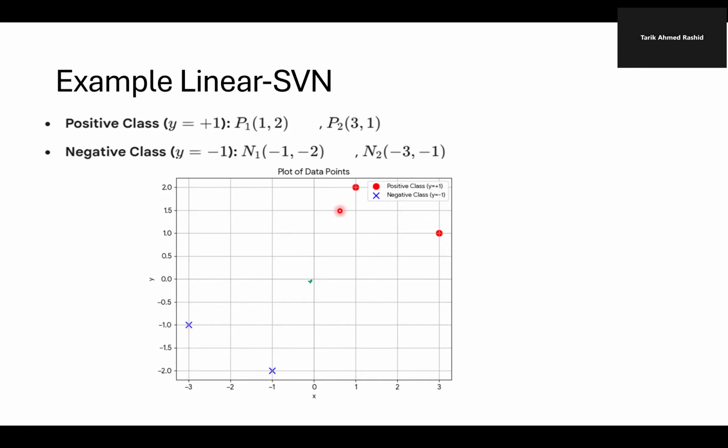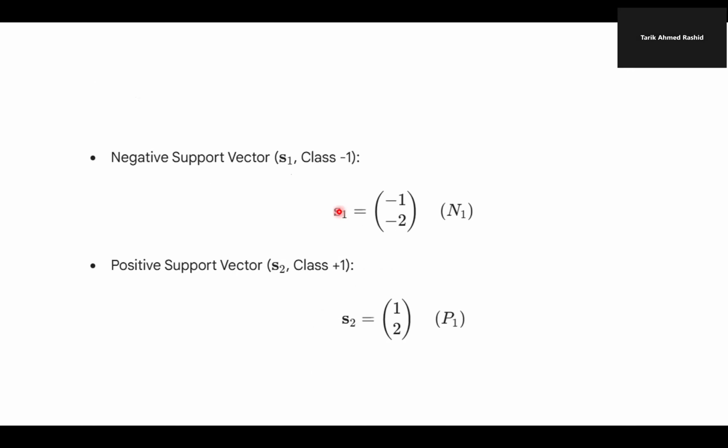So we try to get the support vectors, which are the points very close to the boundary: 1, 2 and -1, -2. We can take more points, but these two are fine for this problem.